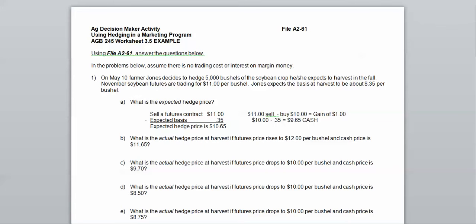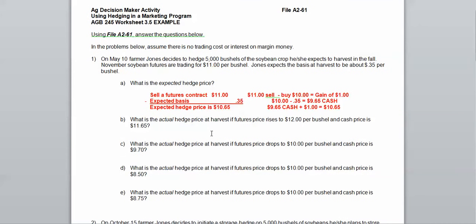Well, we take the $9.65 cash price plus the $1 we made on the board of trade. We end up with $10.65 a bushel, which is exactly what we expected. If futures price would go up, we would take a loss on the futures transaction and we subtract that off of our cash price, and we're still going to end up with the $10.65.